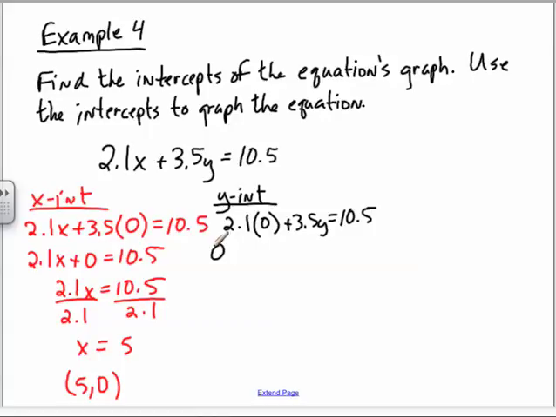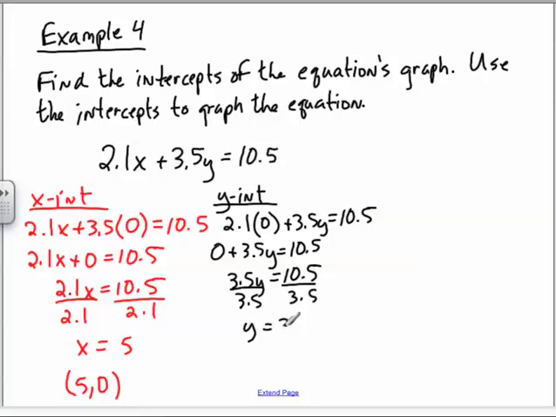That's going to give me 0 plus 3.5y is equal to 10.5, and that's going to give me 3.5y is equal to 10.5. I'm going to divide by 3.5 on both sides. Can you guess what it is? Think about it for a minute. That's right, 3. So the coordinates for the y-intercept are (0, 3), because the x is always 0 for a y-intercept.